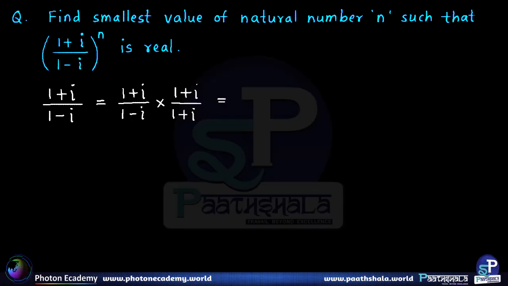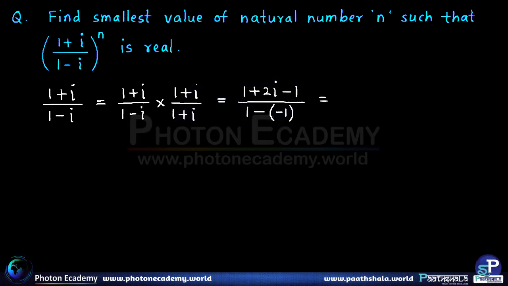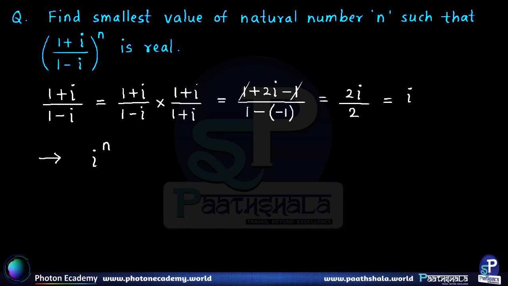Now in the numerator we have (1 plus i) whole square, which gives us 1 plus 2i, and i square is minus 1, and in the denominator we have 1 minus i square, which is minus 1 so 2. So in the numerator ultimately we have 2i, and in the denominator we get 2, so cancelling 2 we are left with i. So the given expression is nothing but i raised to n.